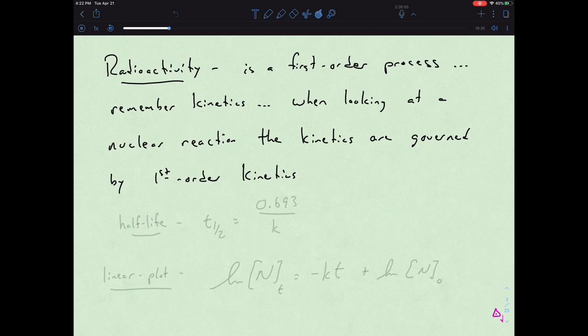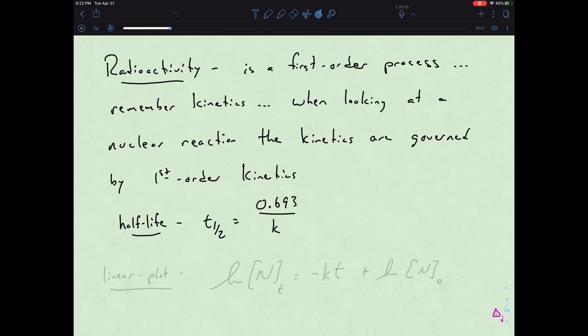And so that means, you might recall that we have that notion of half-life, how long it takes for the concentration to decrease by 50%.